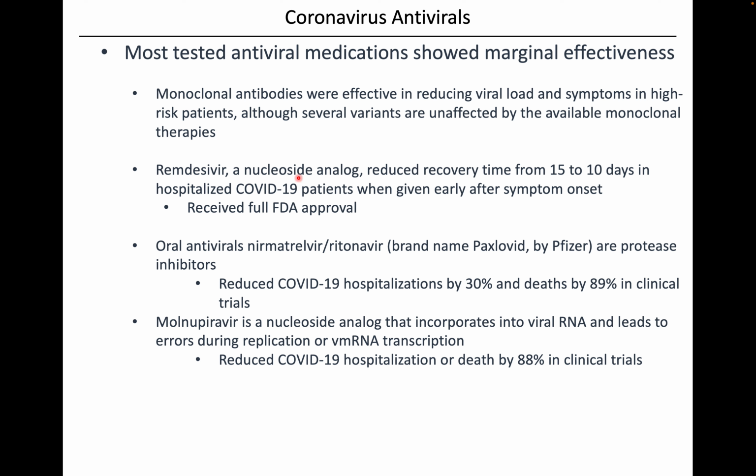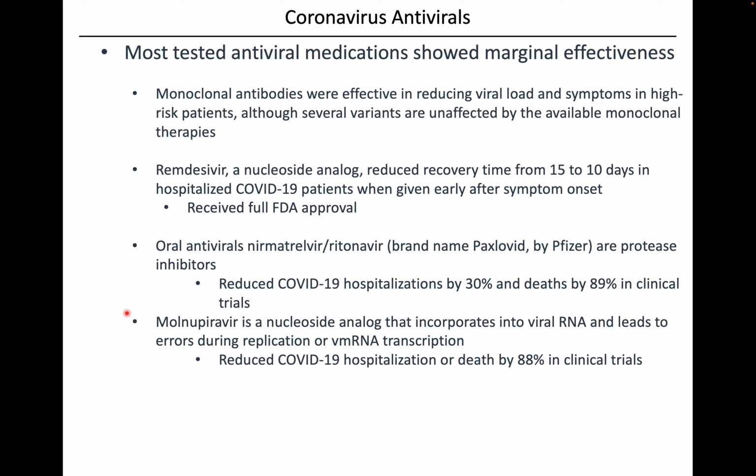Remdesivir, which is a nucleoside analog, you may have heard of that one. It's been shown to reduce recovery time by about a third, from 15 to 10 days in hospitalized patients if you delivered it early enough in the infection, and that's since been fully FDA approved for this purpose.